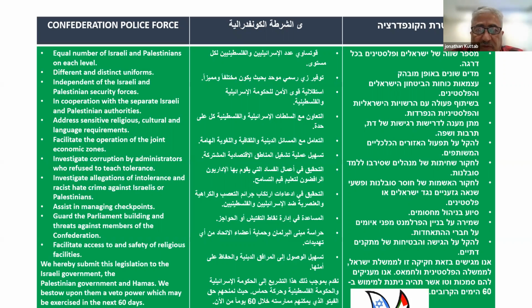Does the Confederation police force have priority over the local police courts in areas under its jurisdiction if there's a conflict? No, if there is a conflict, according to the Constitution, the Israeli government and the Palestinian governments have priority over the Confederation.